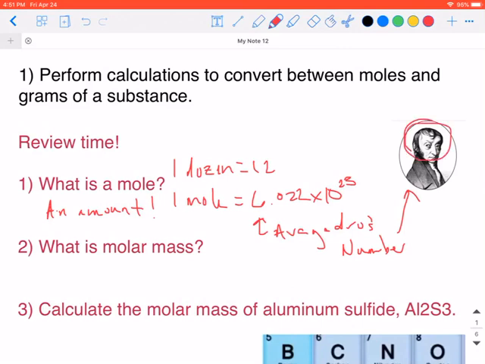So, that's a mole. Then next, what is molar mass? Molar mass is basically the mass of 1 mole of a compound in grams.